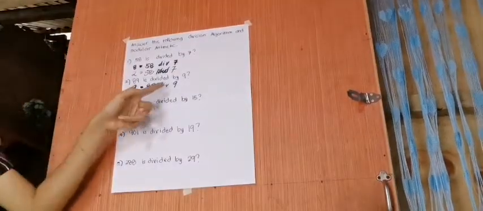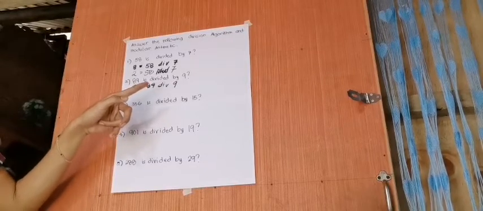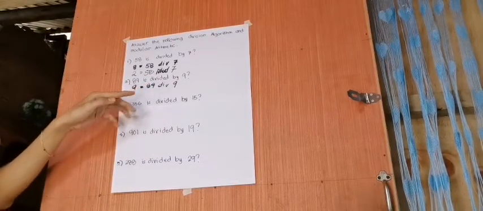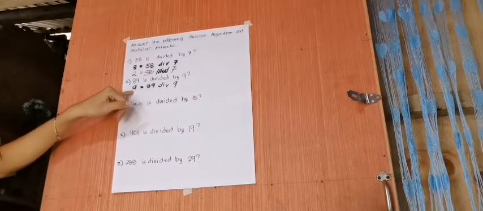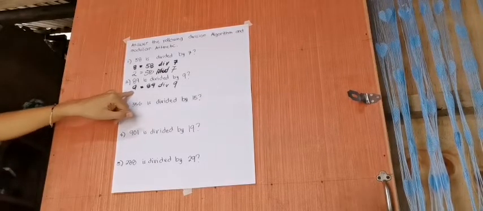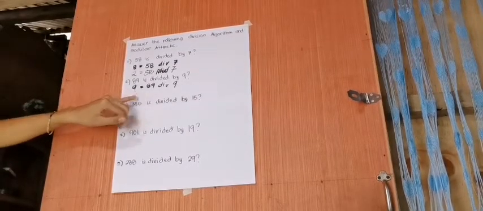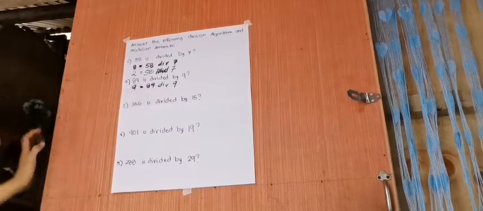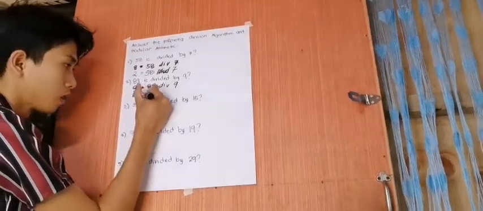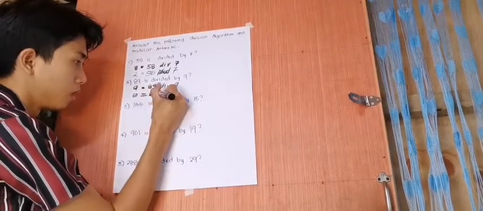And 9 times 9, our answer is 81. Am I correct? So 89 minus 81, the answer is 8. So 8 equals 89 mod 9.